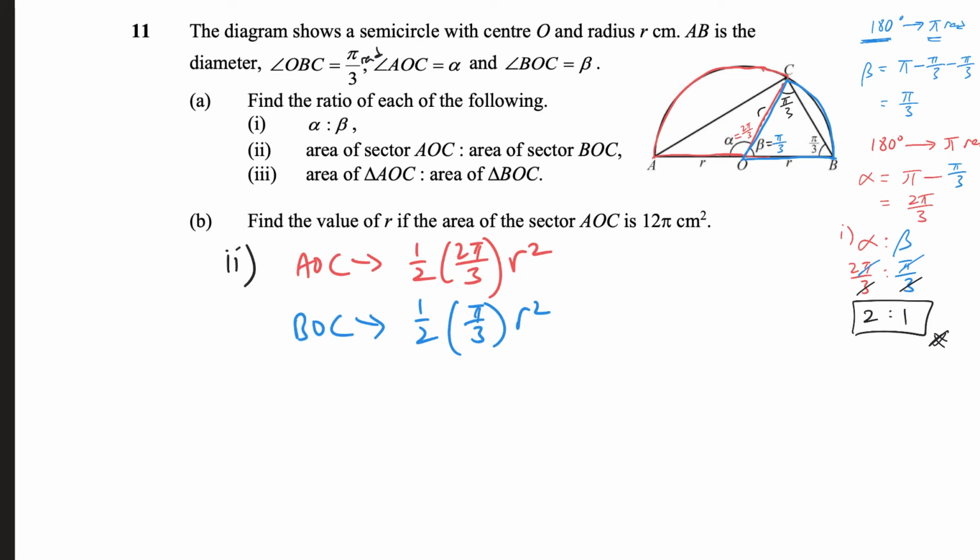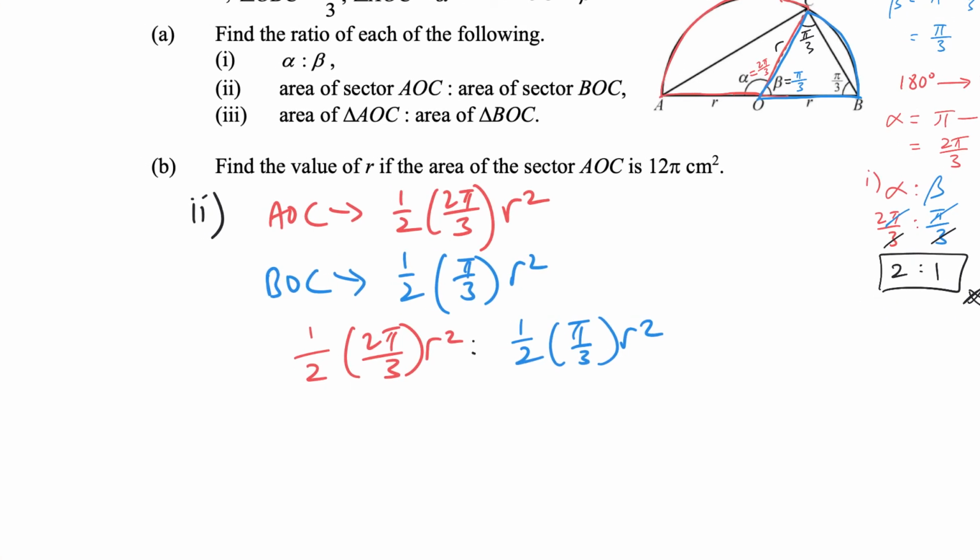When we want to take the ratio of the areas, we then just do this. And what you notice is that the r squareds cancel out, the halves also cancel out, and the pi's also cancel out, and you can multiply both sides by 3, and the answer is also 2:1.